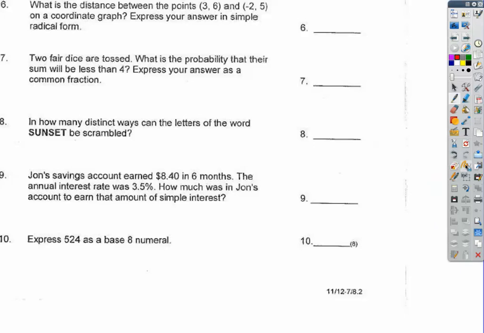So for number 9, John's savings account earns $8.40 in 6 months. The annual interest rate was 3.5%. How much was in John's account to earn that amount of simple interest? So, how did we figure that out?